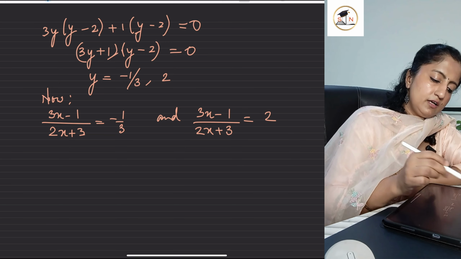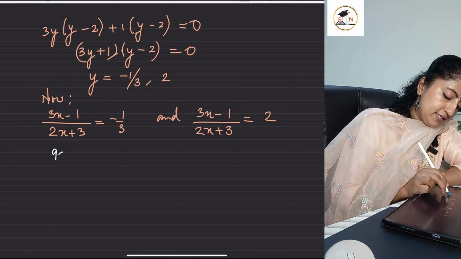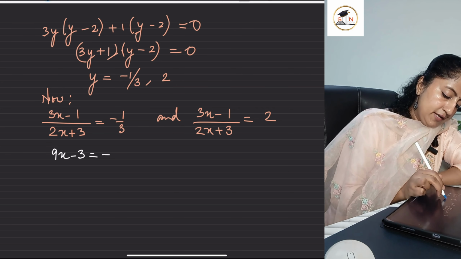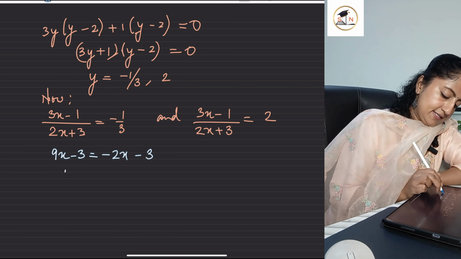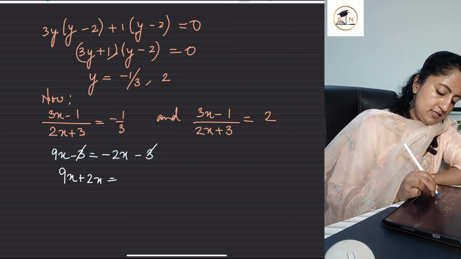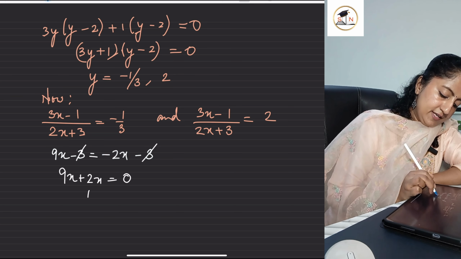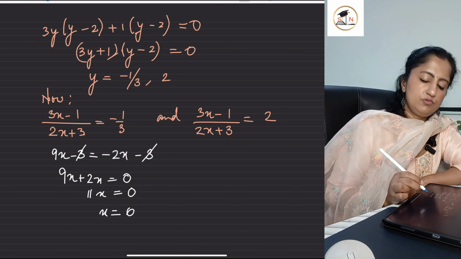So solving it now, cross multiplying gives me 9x minus 3 equals minus 2x minus 3. Okay, 9x plus 2x equals 3 minus 3, and 3 got cancelled, 0. 11x equals 0. That means x is 0.